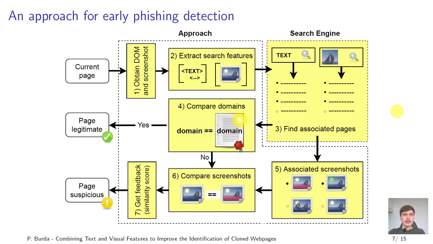And if there is enough similarity, so we have an Office 365 associated page with the real domain, but the domain of our previous example is different because perhaps it's phishing, we get a high similarity score, and depending on that, we can get feedback as an output of this method.